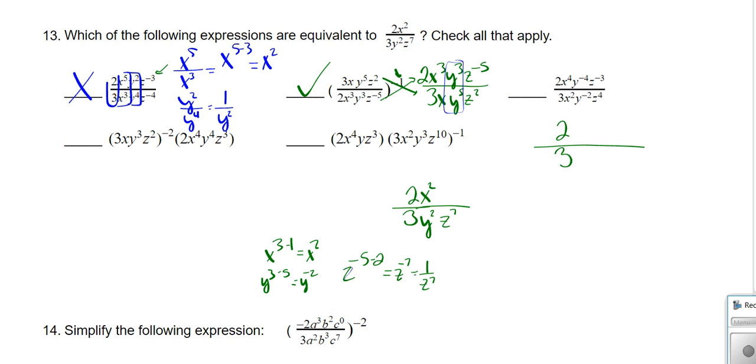Okay, so simplify the numbers first, then look at the x's. X to the 4th over x squared. That will simplify to x squared. 4 on the top, 2 on the bottom. 2 of them cancel out. There's 2 left on the top.